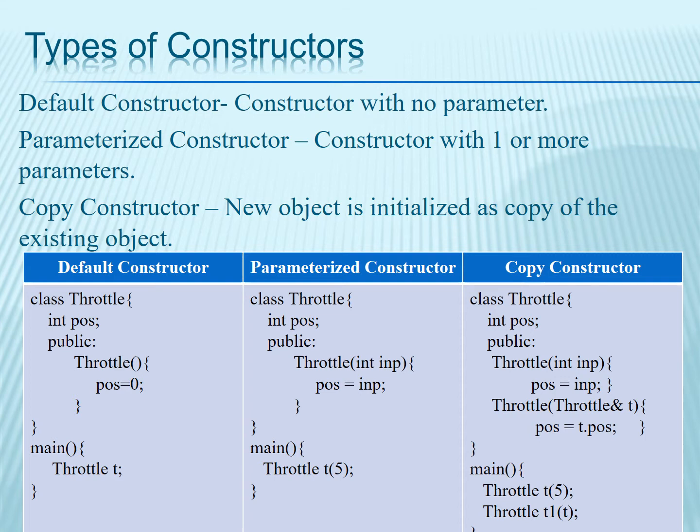That is, when you write the C++ statement throttle T, the object T is created of type class throttle. At that statement execution, the constructor is called.